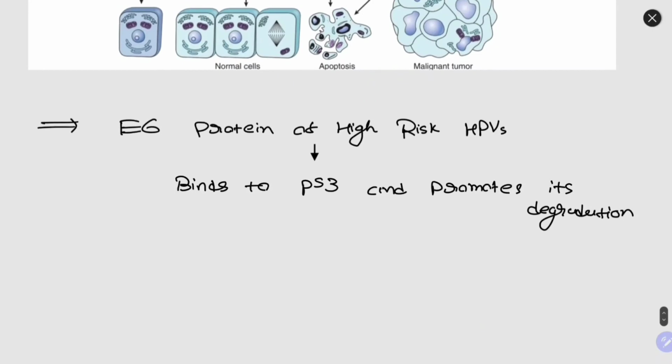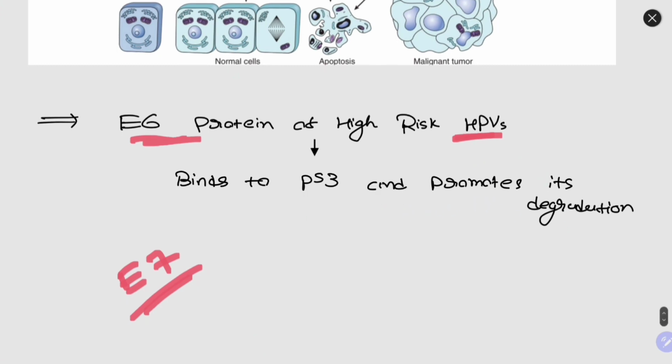Okay, as we talked about in retinoblastoma, there was the E7 protein of the HPV, which was binding to it and inhibiting it. Yes guys, for P53 protein, there is the E6 protein of high risk HPVs, which binds to P53 and promotes its degradation.